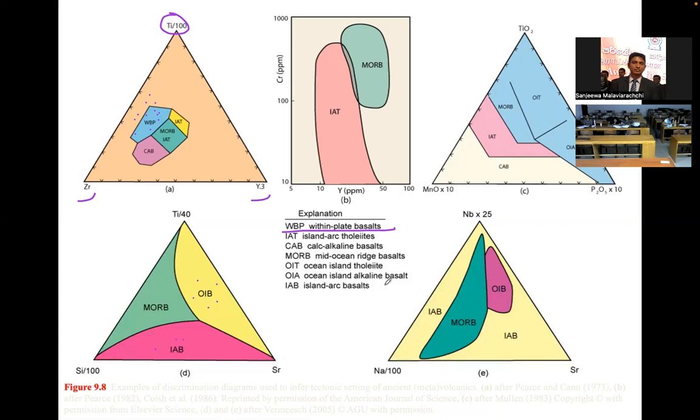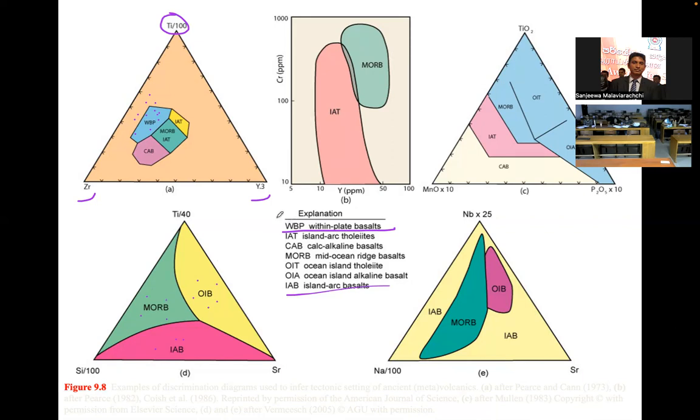Island arc means it's a subduction zone. So ocean island basalt is not a subduction zone. It's a different thing, more like plume-type basalt. Okay. So if your samples belong here, it's more of a mid-ocean ridge type basalt, right?